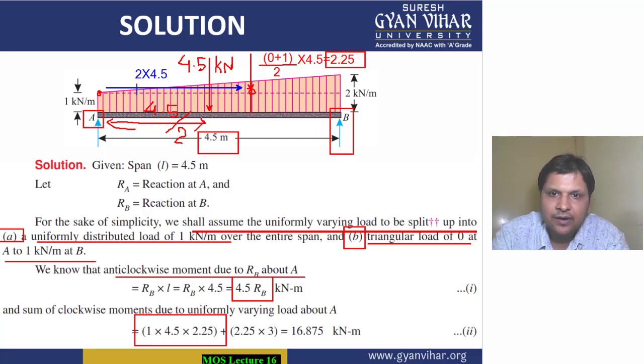So 2h divided by 3 will give you the value of the distance from point A. If you calculate, you will find its value is equal to 3. So in this way you can calculate it.